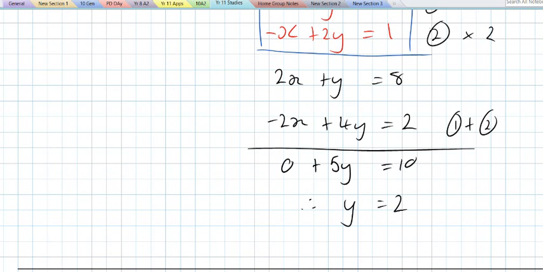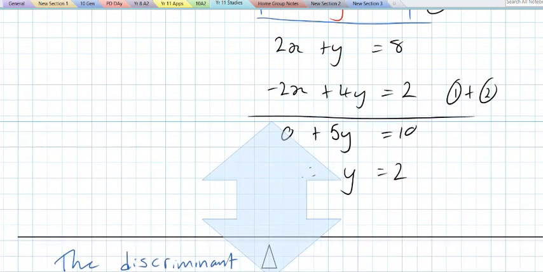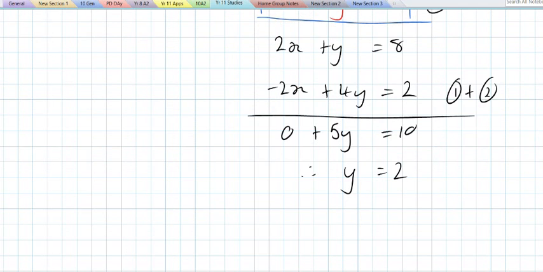Then you substitute y as 2 back into line 1 because it's nice and easy. So 2x plus 2 equals 8, 2x equals 6, x equals 3.